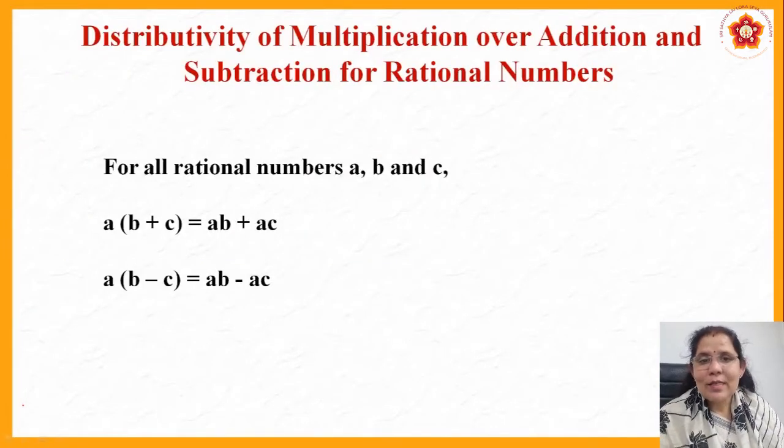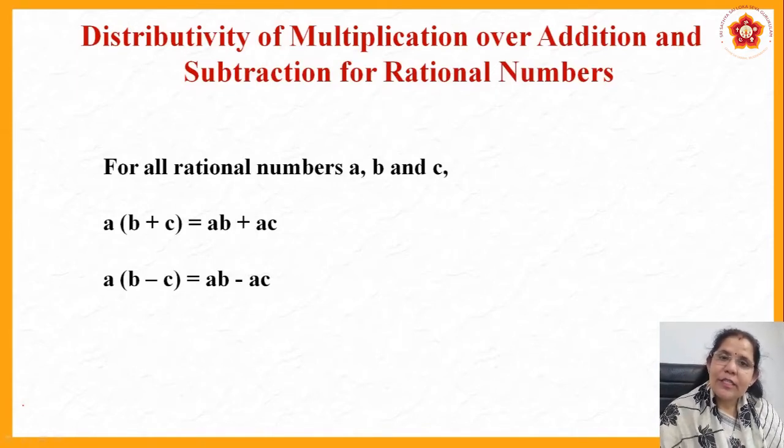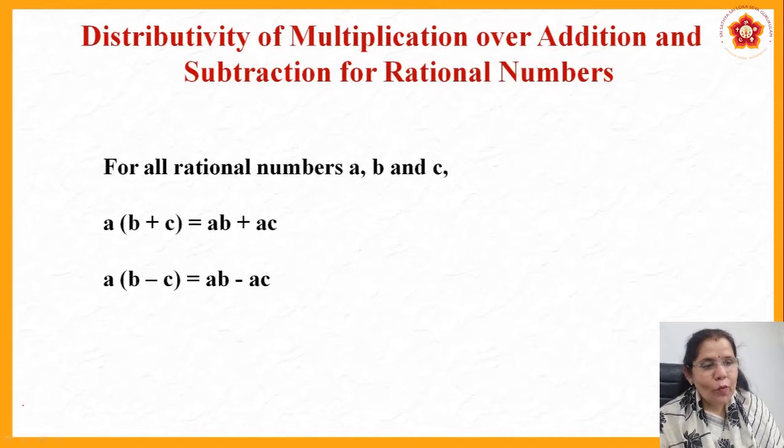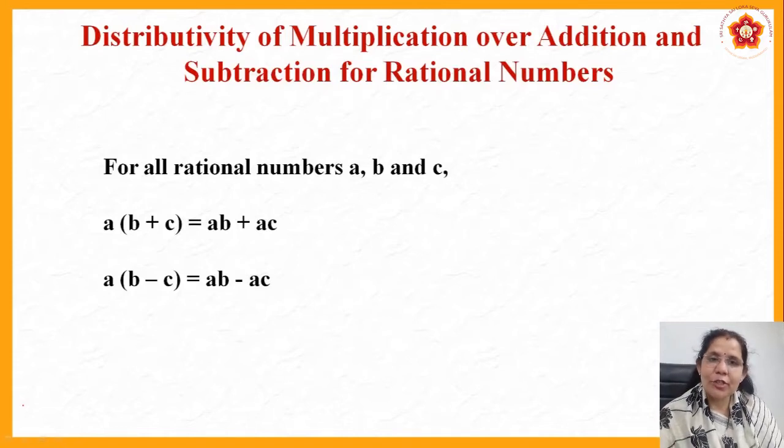In today's class, we will be talking of another property, which is distributive property. So we have to look at distributivity of multiplication over addition and subtraction for rational numbers.